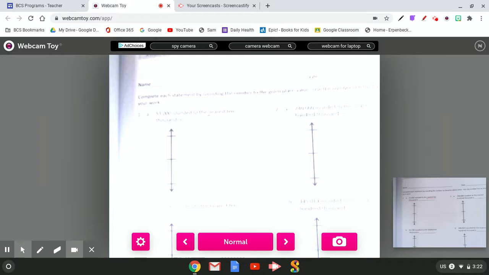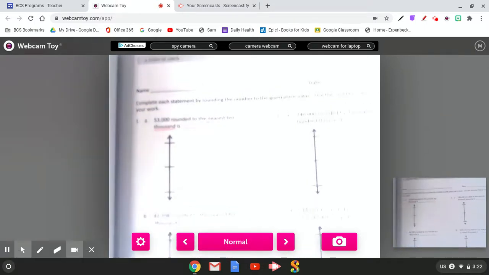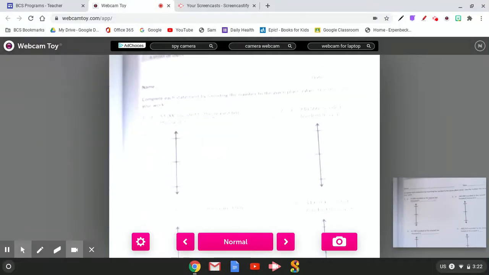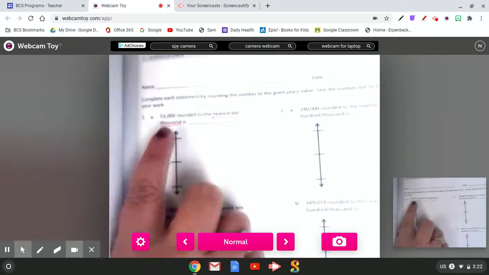Sorry, I feel like my lighting is a little bit off there. I'm trying to help you to be able to see things as clearly as possible. All right, so you have 53,000 rounded to the nearest 10,000. So I'm going to find the 10,000s place.